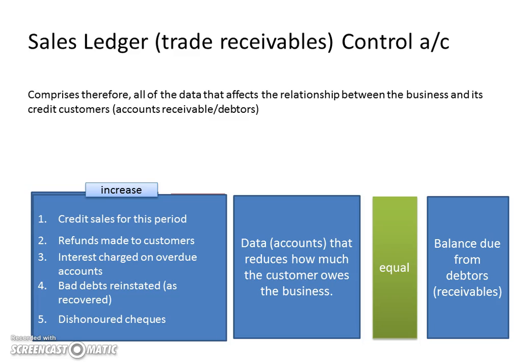So you will reinstate the debt and hopefully they'll pay. But notice when you reinstate the debt, it will increase the amount owed to you. And of course, you have dishonored checks. In this case, the customer paid you by check, but when you went to the bank, there's no money. So therefore, you still have that balance. It did not decrease.